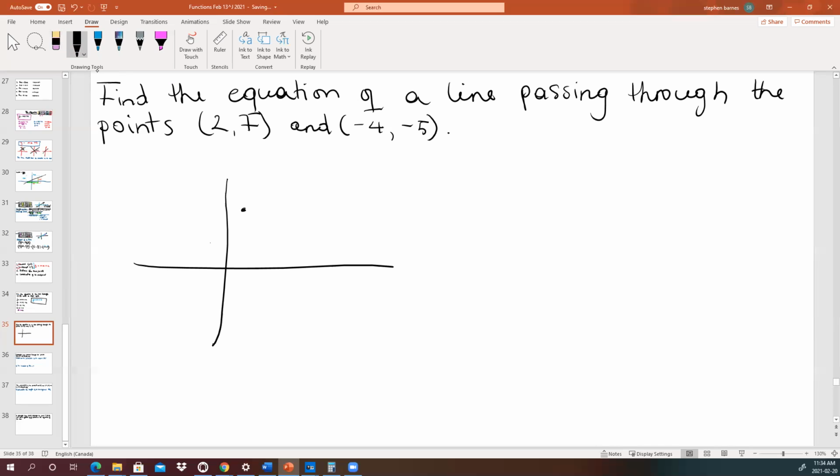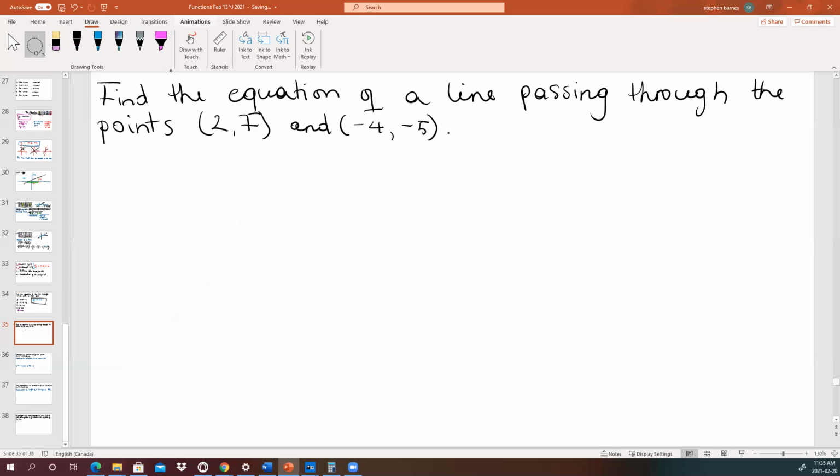And it also passes through (-4, -5), which is somewhere down here. So you don't know the equation for the line, but you know 2 points on the line. You know that it is bound by these 2 points. And forgive my line how it looks. That's enough information for you, because if you know 2 points on the line, you can find everything that you need.